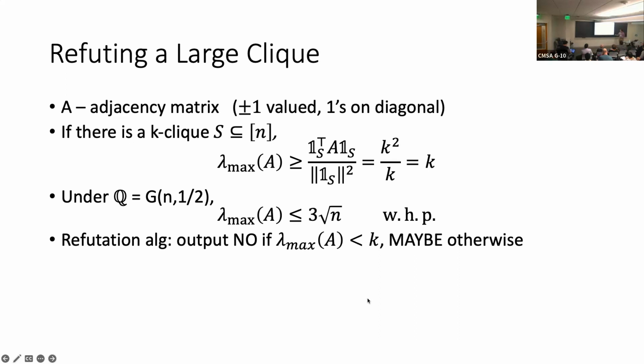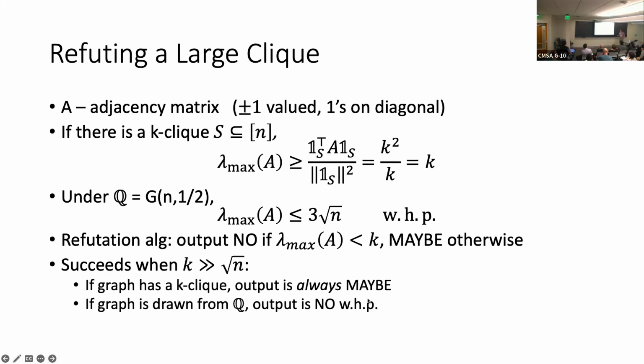So in that case, I'm going to output no. No means no, there is definitely not a k-clique in this graph. Otherwise, I'll just output maybe. Maybe means I give up, I don't really know about this particular graph. Okay, and so when k is bigger than root n, this algorithm succeeds at the refutation task.